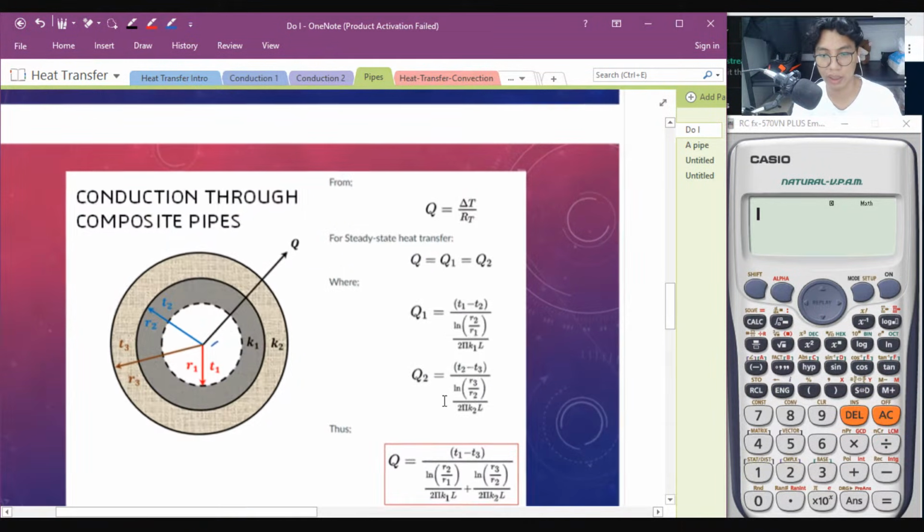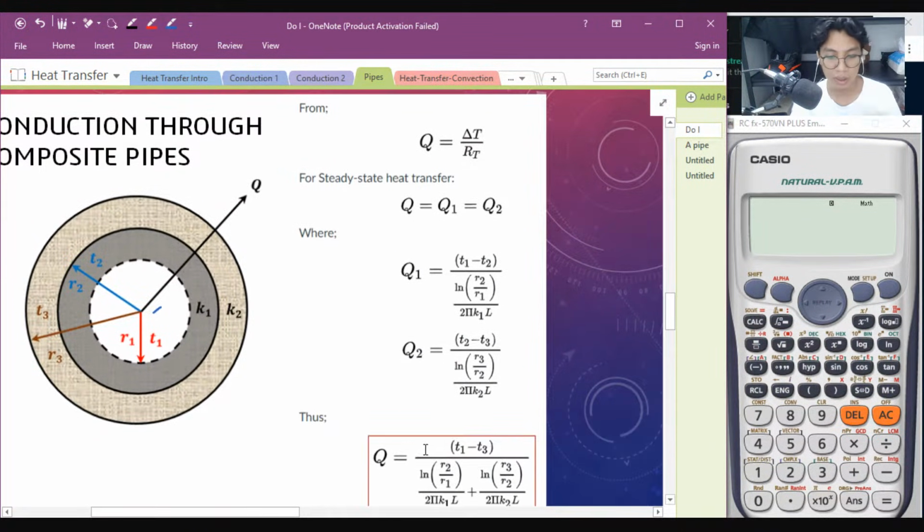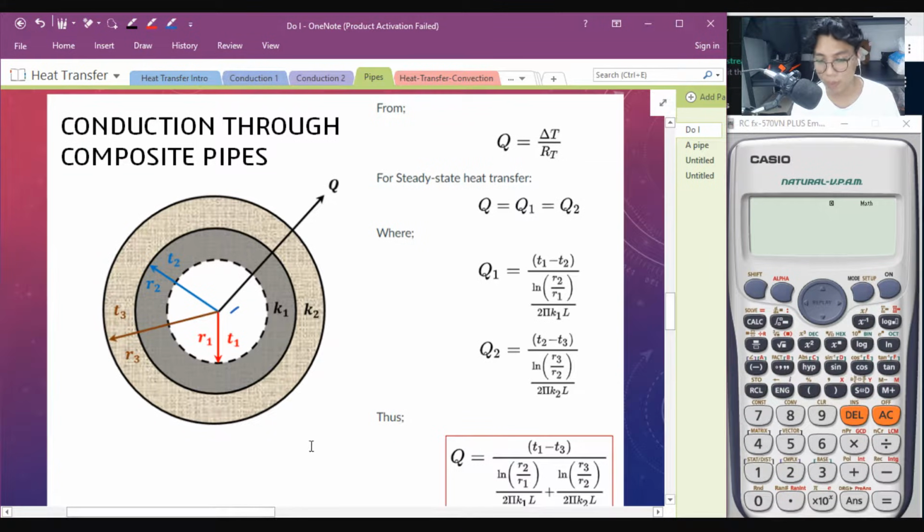So, let's get here. Okay. So, when we are talking about composite pipe, it is also the same with composite walls. For steady-state heat transfer, the total heat that passes through those pipes will be the same heat throughout.